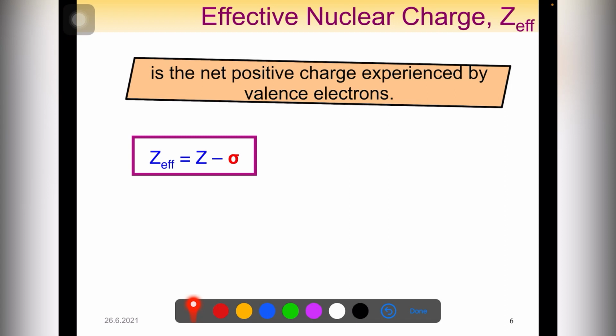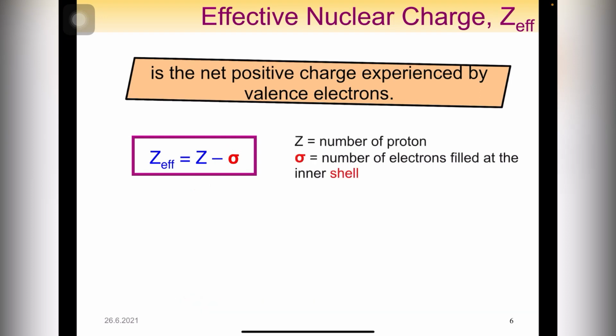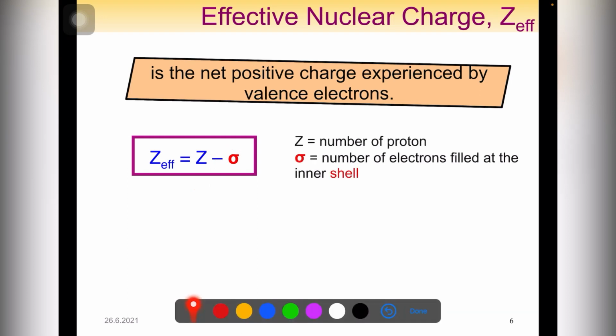This is the formula: Zeff equals Z, the proton number, minus sigma, the number of electrons filled in the inner shell.